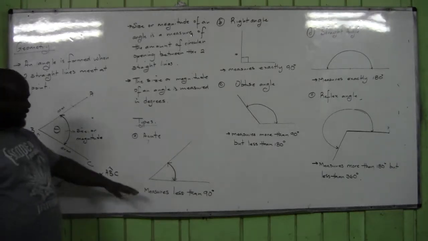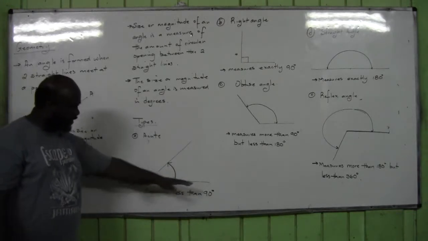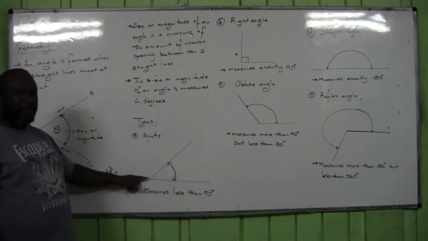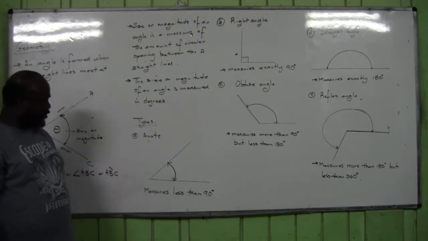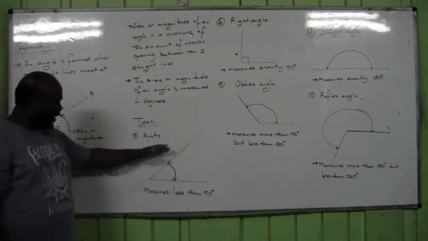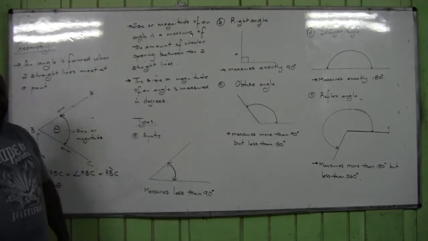So let's say this is an angle. I have two straight lines meeting at a point. The point where the two straight lines meet is called the vertex. So this angle is called an acute angle.